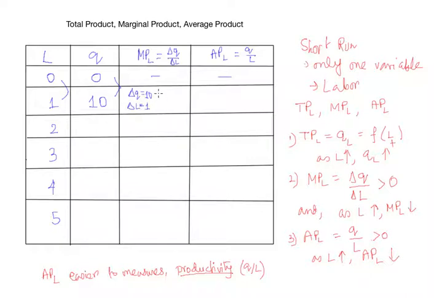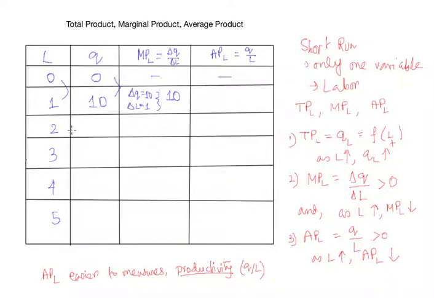So MPL is delta Q divided by delta L, which is 10 over 1 or 10. Note that in this particular example, L is always increasing by 1, which means the denominator of MPL will always be equal to 1. Therefore, it is sufficient to simply look at the change in Q because delta L will always be 1.